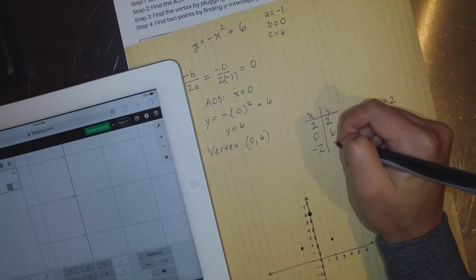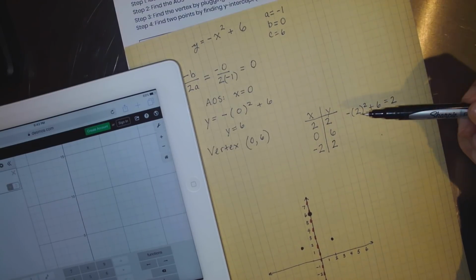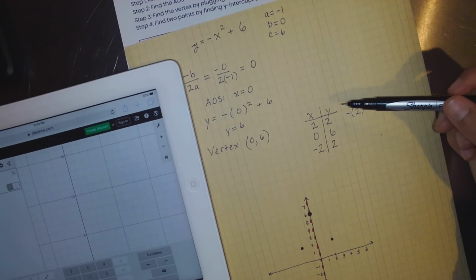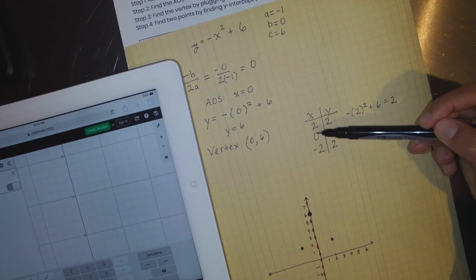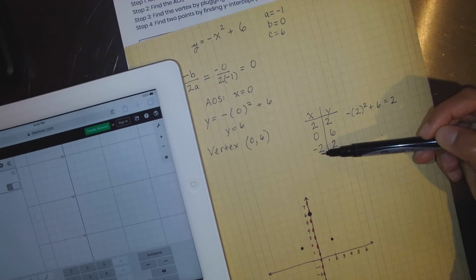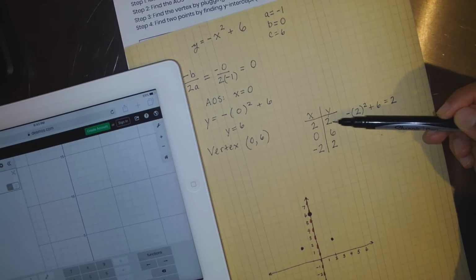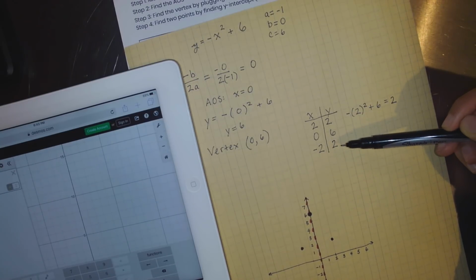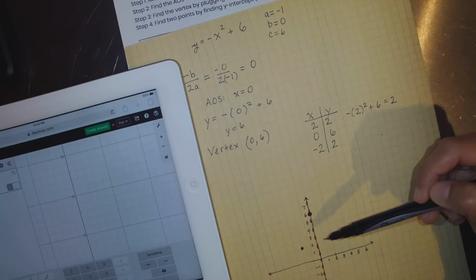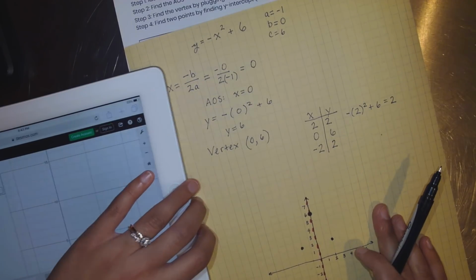Notice when we look at this on a table of values, if you go the same distance from 0 up as you do down, so we went 2 up and 2 down, then these y values are going to be the same. So you can use a table of values or the graph to figure that out.